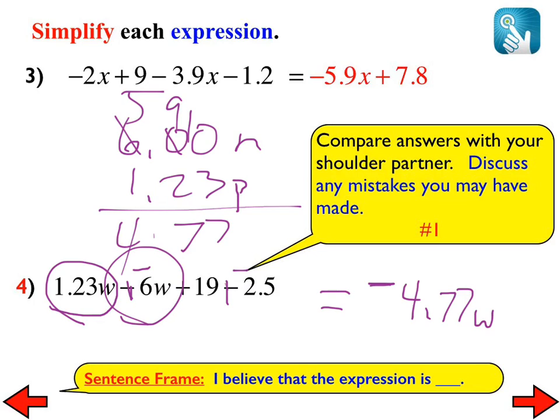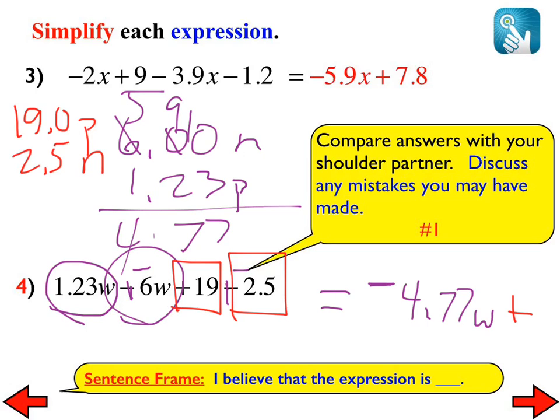Now, I take a look at the constants. I have a positive 19 and a negative 2.5. I have more positives than I do negatives. And I'm trying to find room here somewhere. I have 19.0 positives, 2.5 negatives. Stefan, how many more positives do I have than negatives? 1.7.